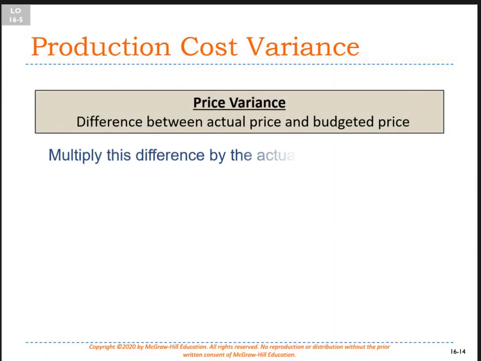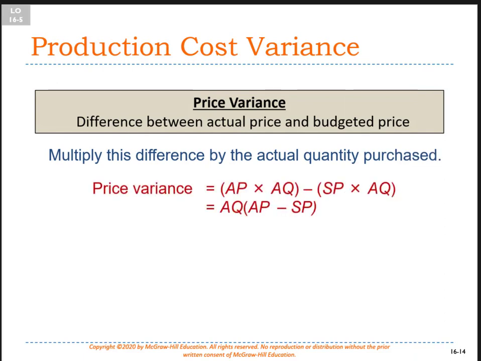If you like the formula process a little better, if that kind of visual diagram doesn't work for you as well, then you can use this formula: take the actual quantity of whatever it is you're buying, whether it be direct labor, direct materials, or variable overhead, and multiply it by the difference.